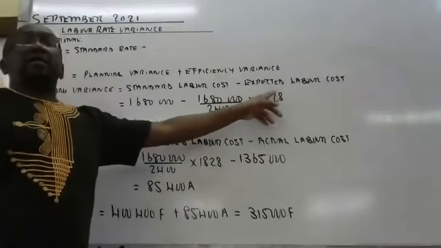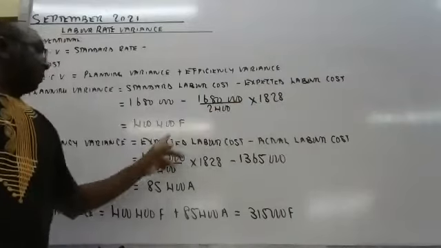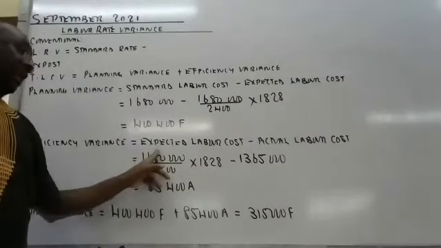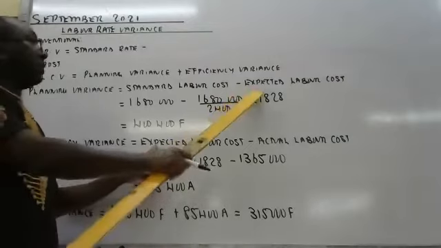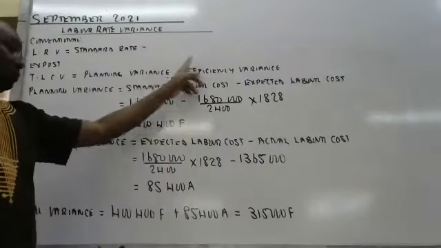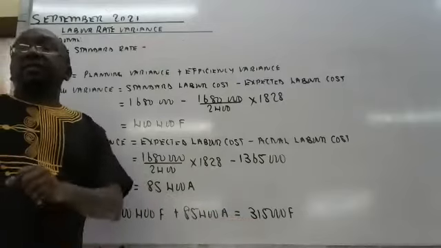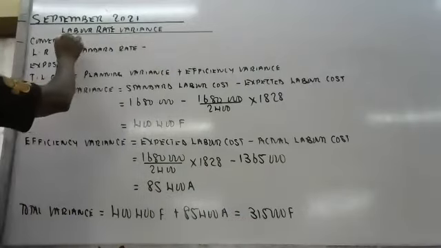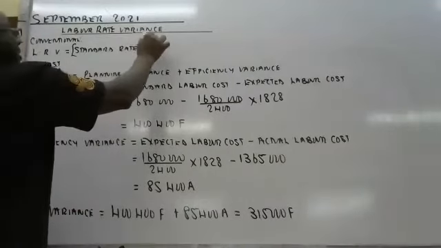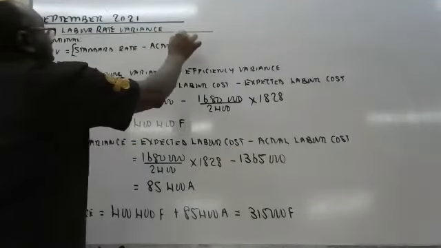I see here it has come in as negative, and here it comes in as positive. That's why when you come to combine them here, they cancel. This expected goes away, and we get what we had above, 315. That's how the plans work. So this one we say is standard rate minus the actual rate.